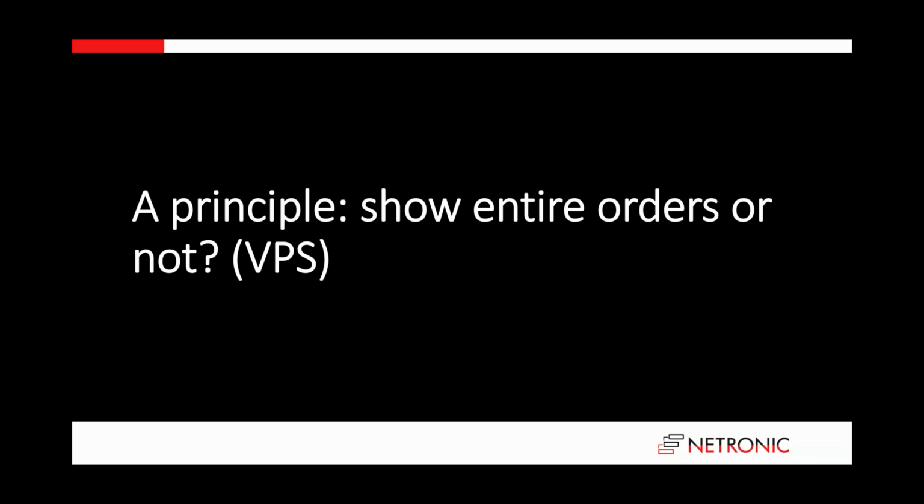And this is the question, should we show an entire order or not? This is something that currently applies to the VPS, both in Dynamics NAV and in Business Central, but which we also start to discuss and consider for the VJS.